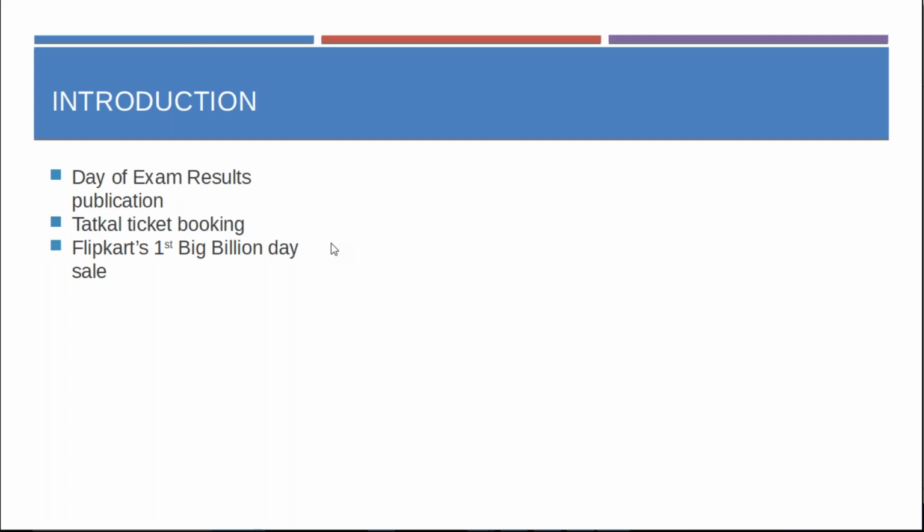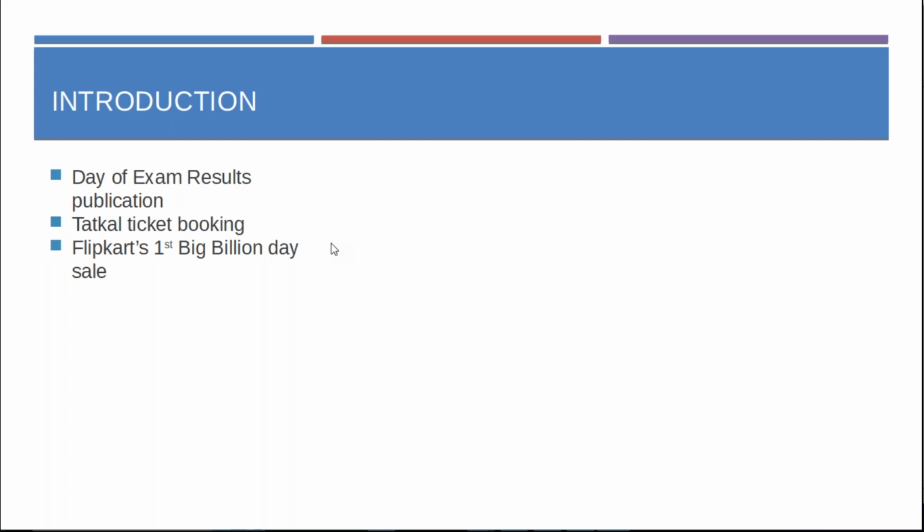The day on which my exam results will be published. We were always students, right? We attended schools, we attended colleges, we did either engineering or MCA, or we became graduates, but we all gave exams. So the day the results were getting published, that is one point. Next, Tatkal ticket booking. India is a huge country with a huge population, and to get tickets in an emergency, you have to do Tatkal booking.